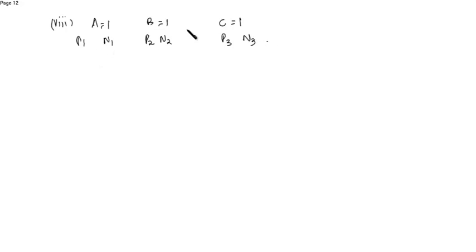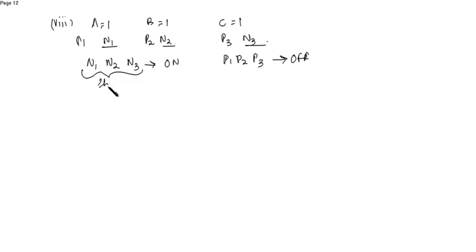When all are 1, only the NMOS will turn on, that is N1, N2 and N3 will turn on. All the PMOS will turn off. So all this will be shorted and all this will be open circuited.